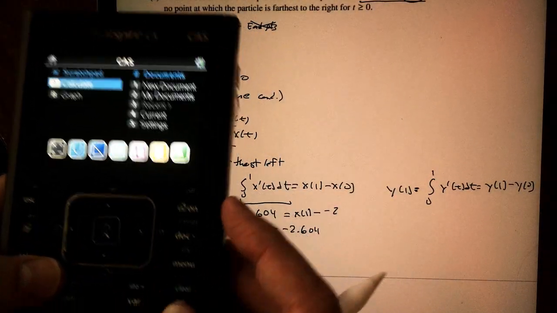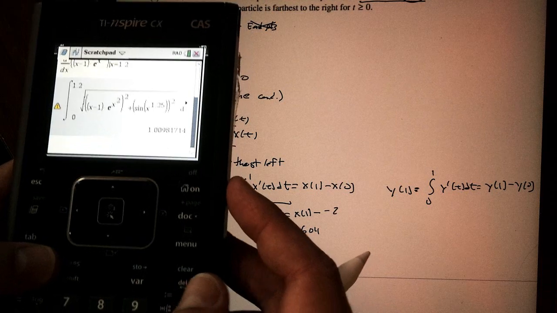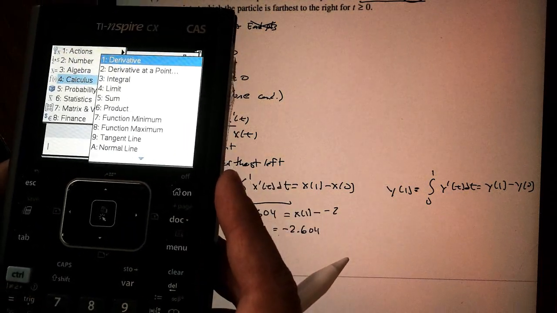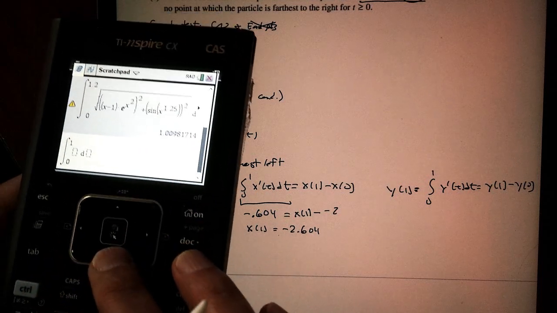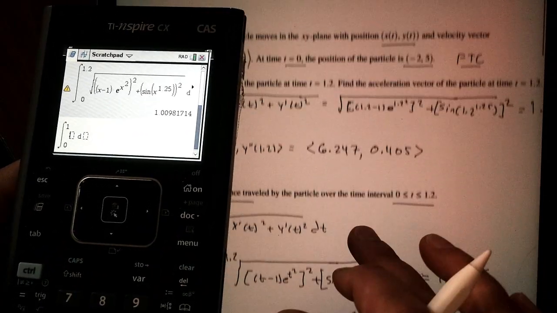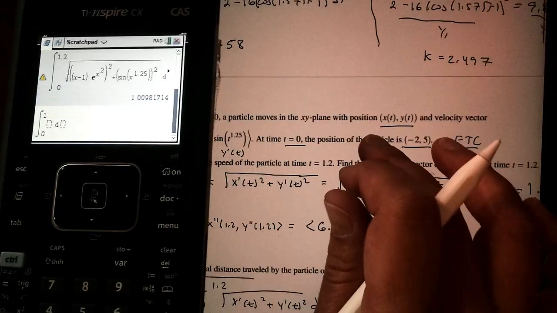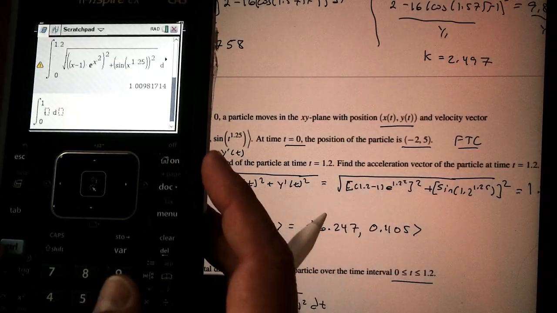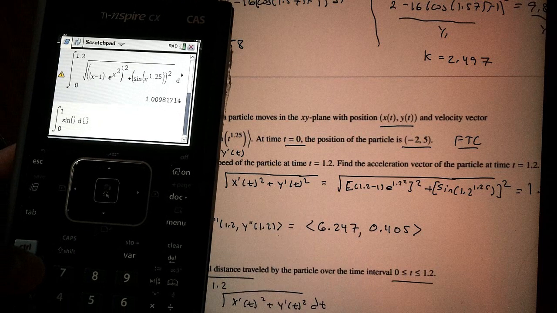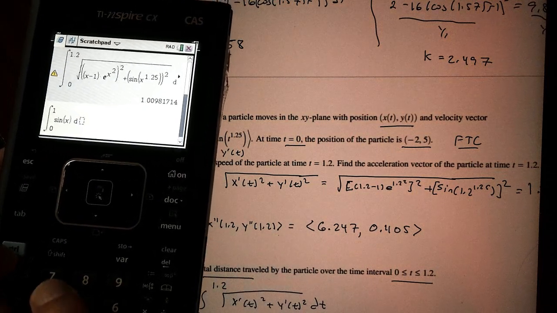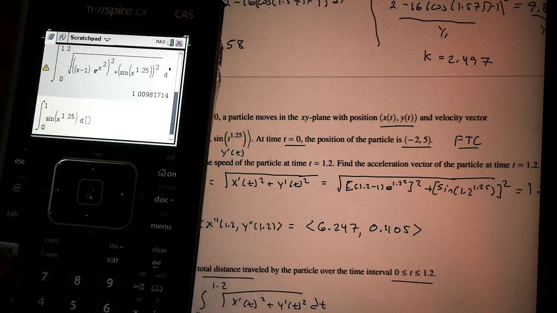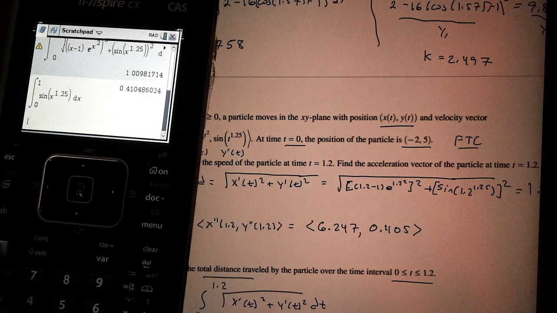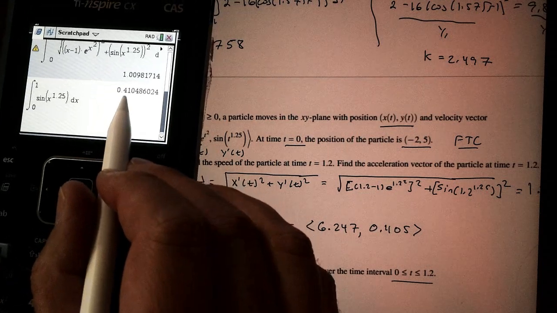I can go here, calculate menu, item 3, from 0 to 1, just to show you how this is. And if I go up here, there it is. It's this sine function right here, the sine of x to the 1.25 dx. And if you press enter, you get 0.410.